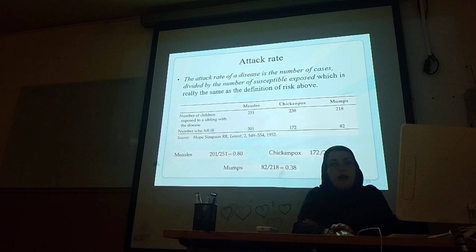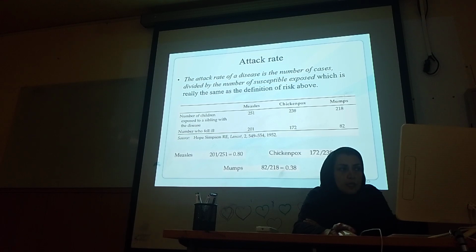If I ask you about the incidence proportion of measles, among those children who were exposed, these are the number of events: 201 divided by 251. Or for chickenpox or for mumps.